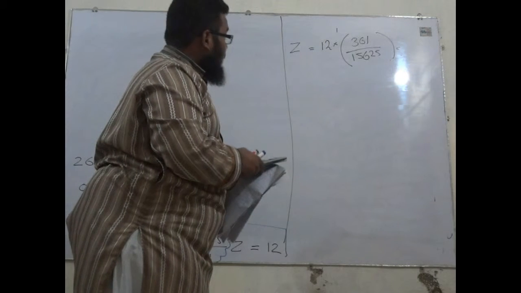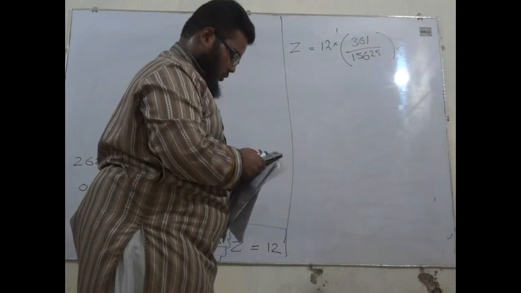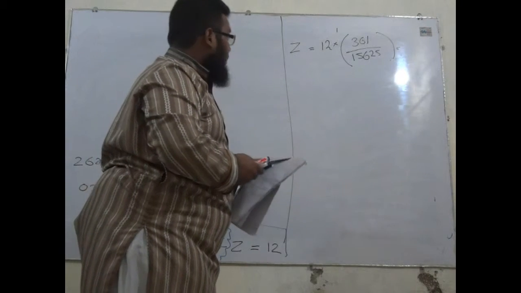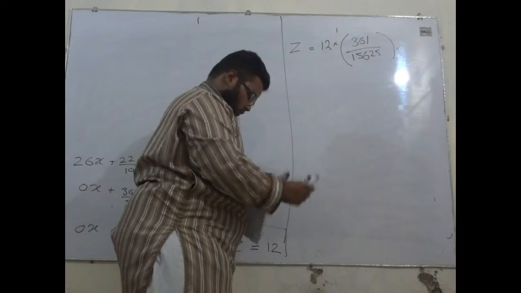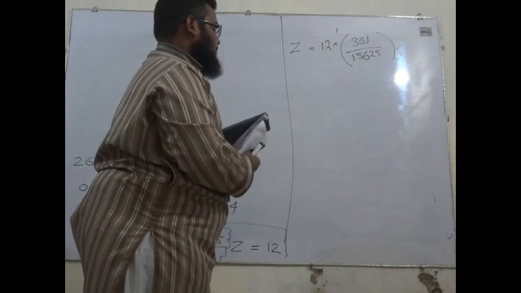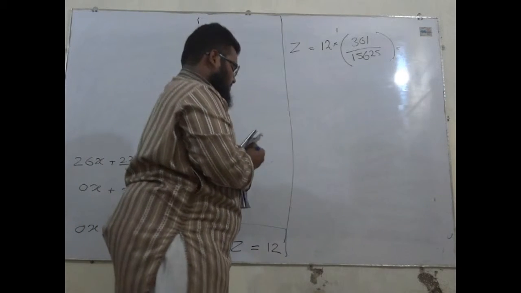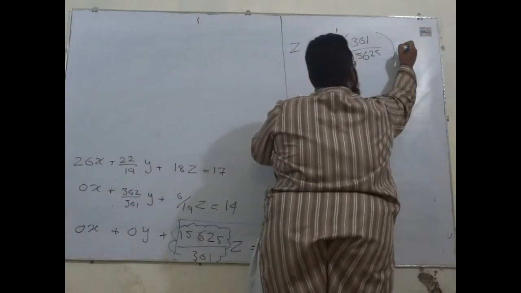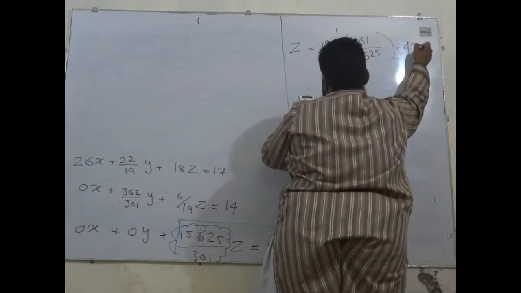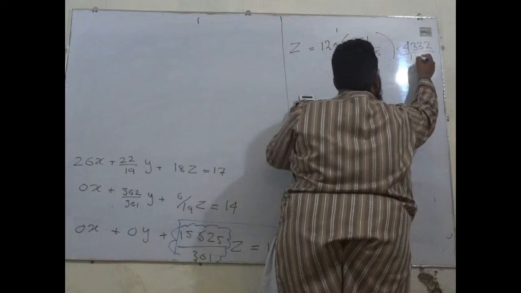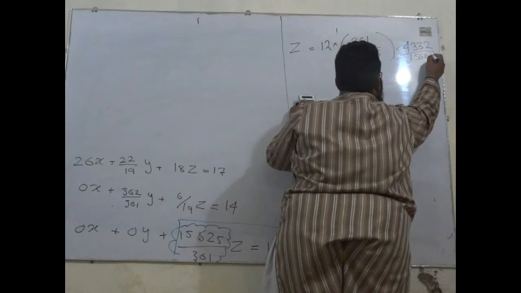12 into 361 over 15625. I get the value. I wrote in what it is. This is equal to 4332 over 15625.